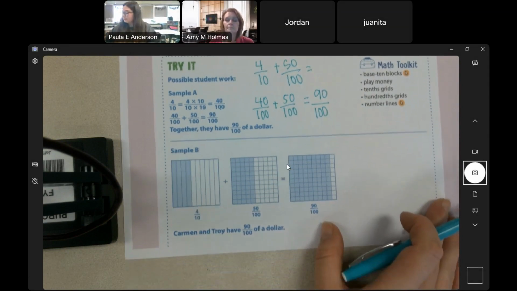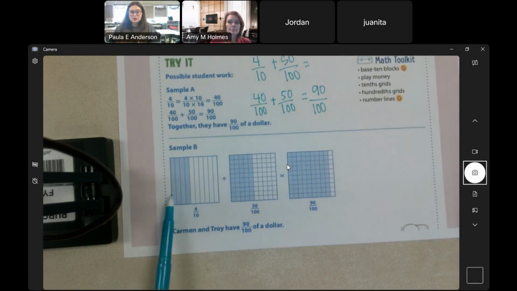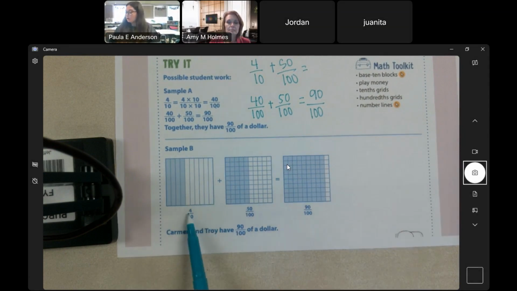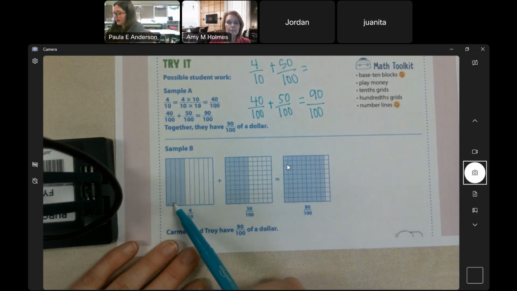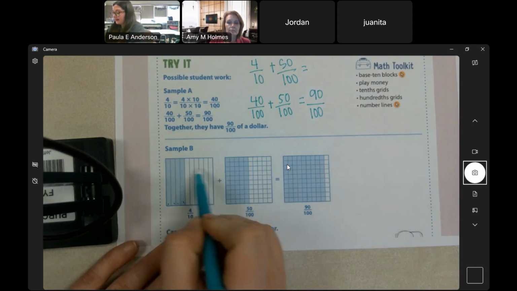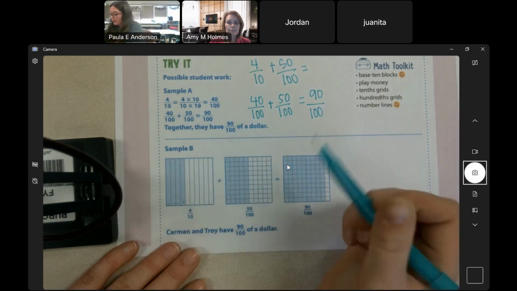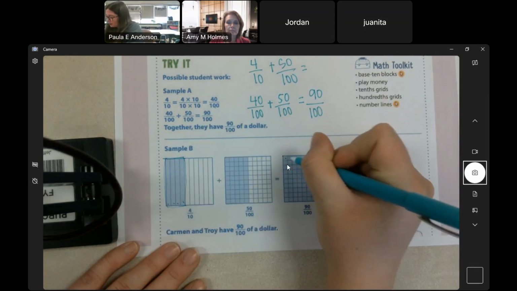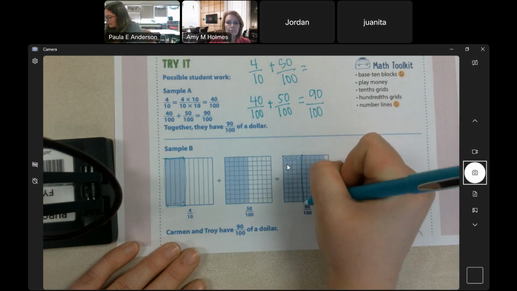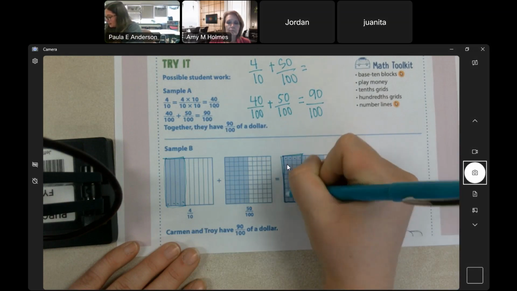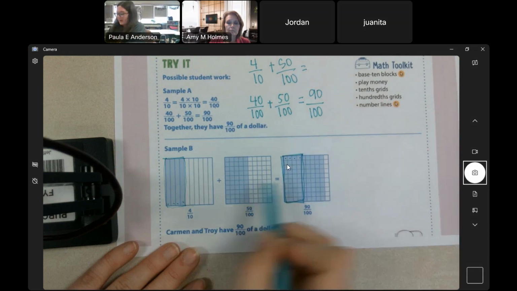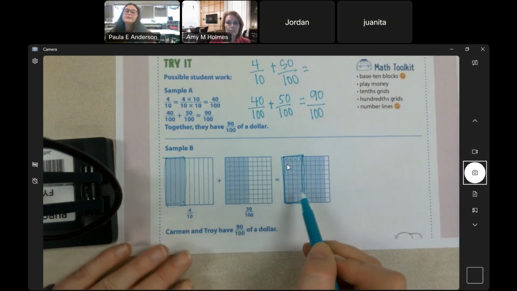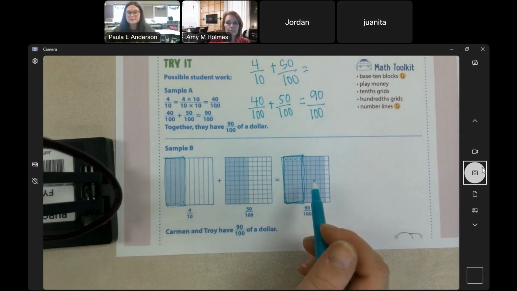Well, right here, what we did is we started out with a model, and they modeled the 4 tenths and they modeled the 50 hundredths, and they knew that if they put these 4 right here, they could split this into hundredths. So when they shaded this part, 1, 2, 3, 4, this is the same thing as this, we're just split into hundreds. So they still found equivalent fractions.